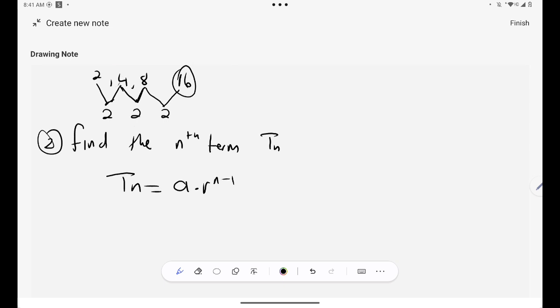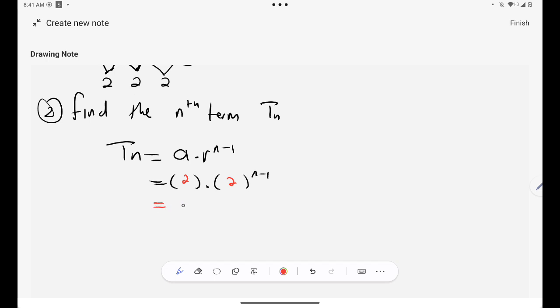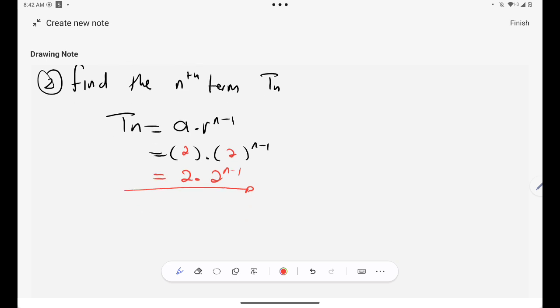All together. In this case, our first term is given as 2 and r is also 2. So we go like 2 and 2. This will be Tn. Always, your nth term should be in terms of n.